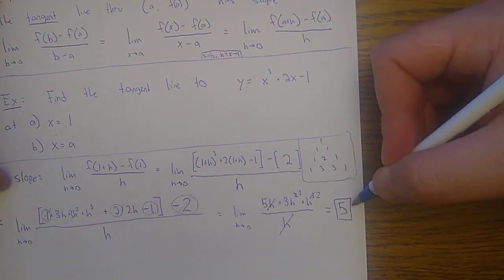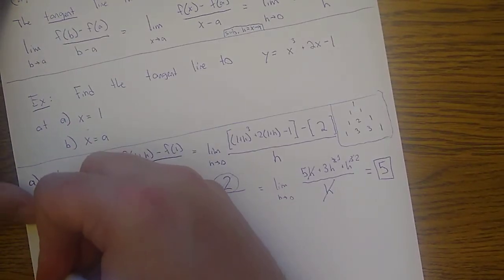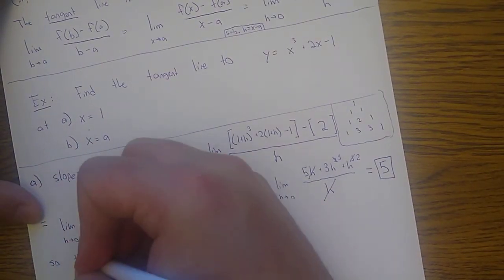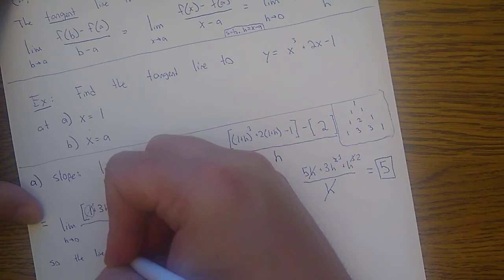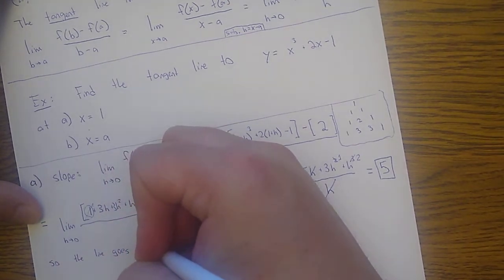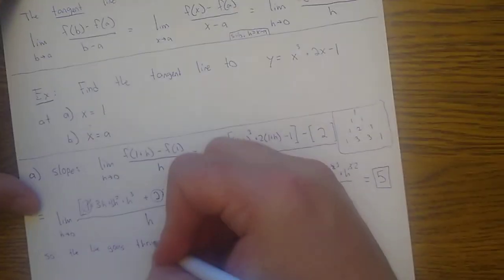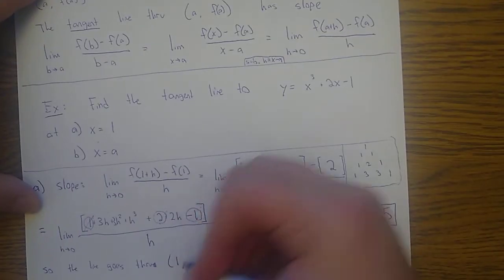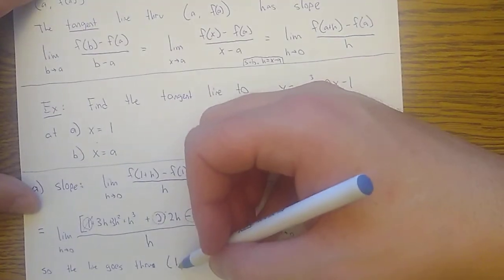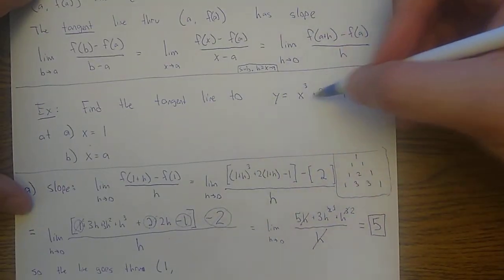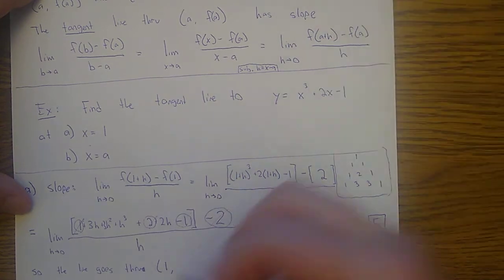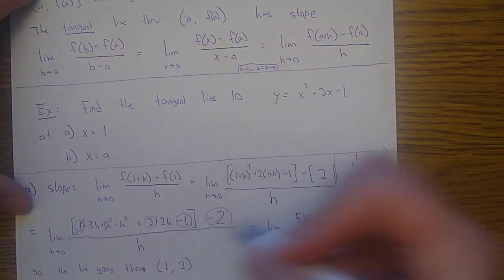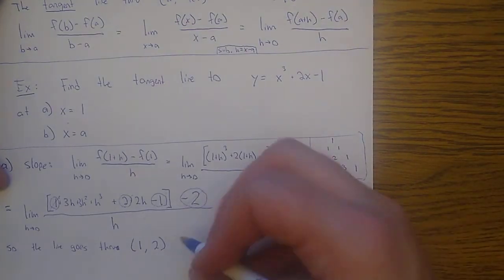So this is a line with a slope of 5. So this line should go through the point, let's see, the x value was 1, and the corresponding y coordinate is what you get from plugging in 1, and when we did that we got 2. And it has a slope of 5.